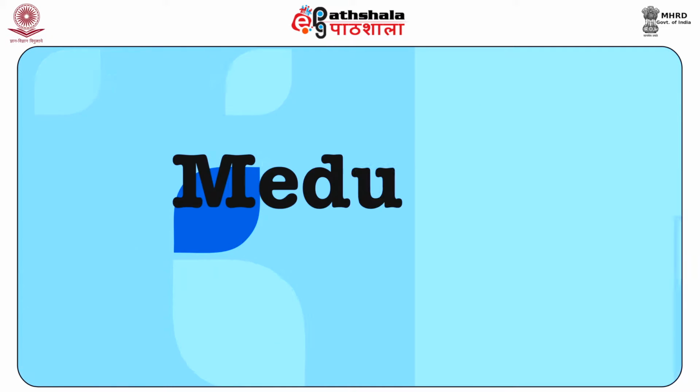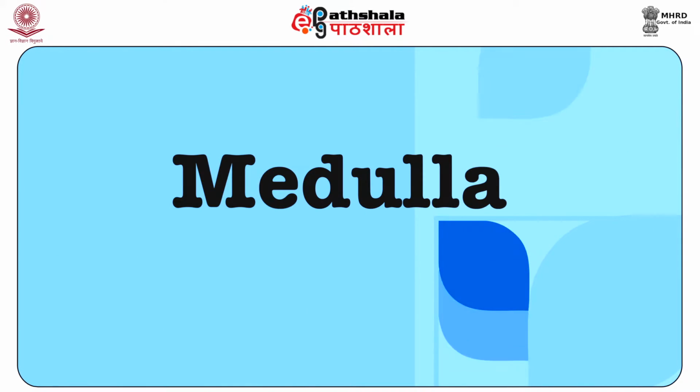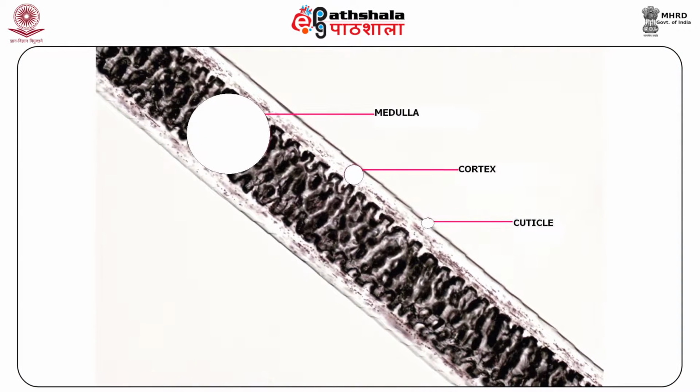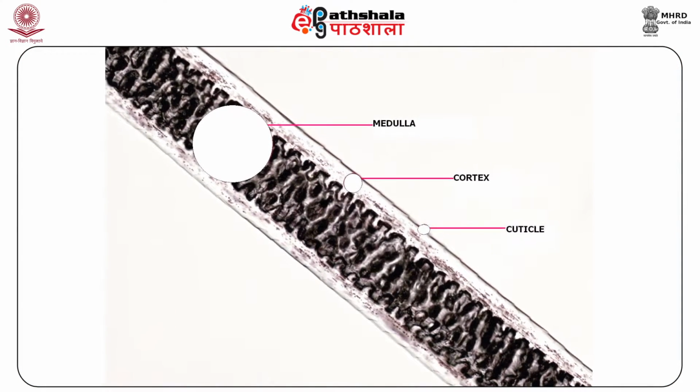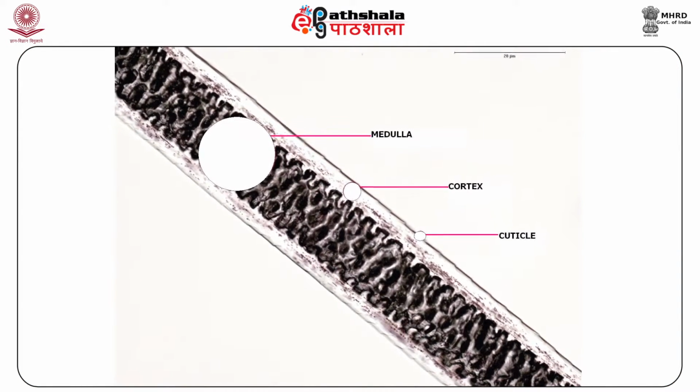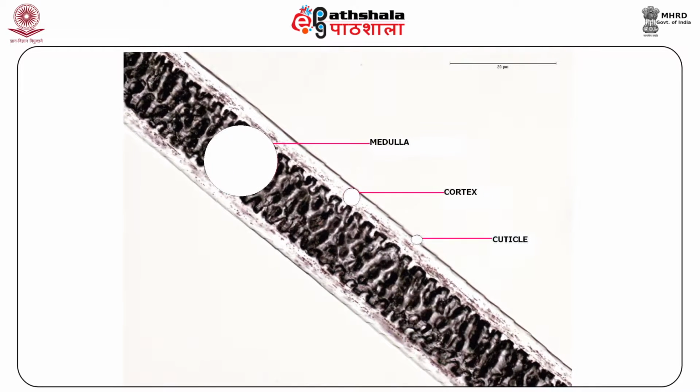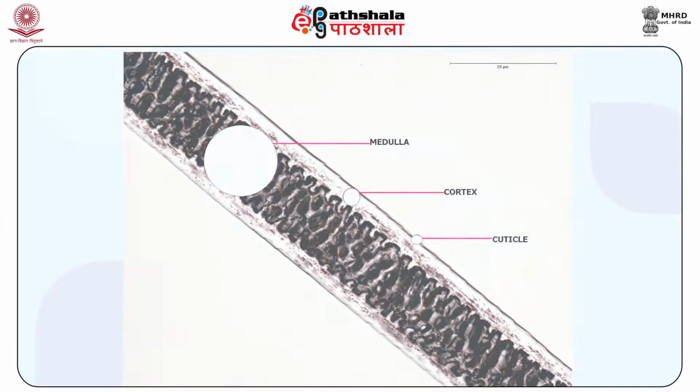The next part of the hair is the medulla, a collection of cells which runs through the center of the hair and gives a canal-like appearance. The medulla is one of the predominating features in animals. They can occupy even more than half of the hair's diameter.